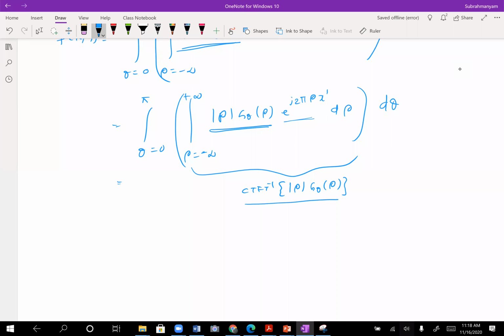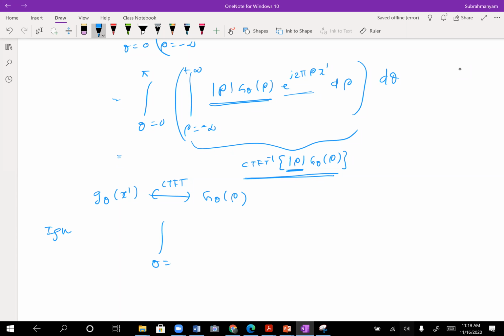This is the inverse CTFT of this function, right? Now, what is it that we have and what is it that we need to compute? You have g theta of x dash earlier, right? That CTFT is g theta of rho, correct? That's what we had earlier itself. Okay, now you ignore absolute of rho for the time being. Then what does it mean? Theta varying from 0 to pi.